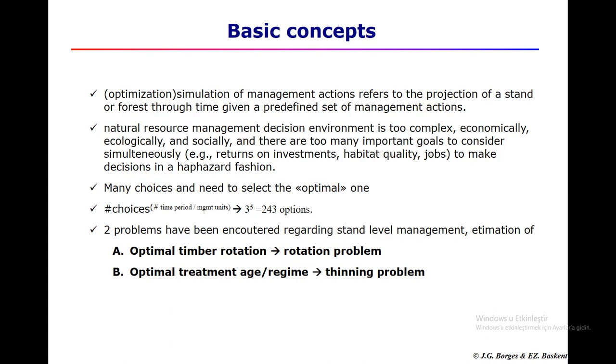There are too many important goals to consider simultaneously, like return on investments, habitat quality, jobs, and other things. So management objectives are too many. Then we need to use decision-making tools to be able to evaluate and select the best option that allows us to maximize or minimize the objectives.